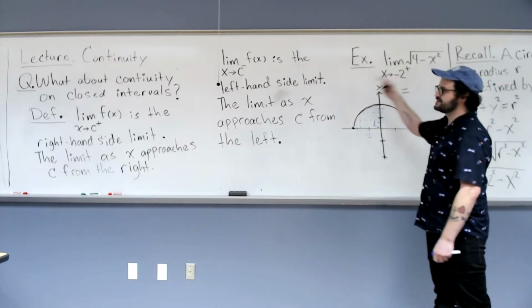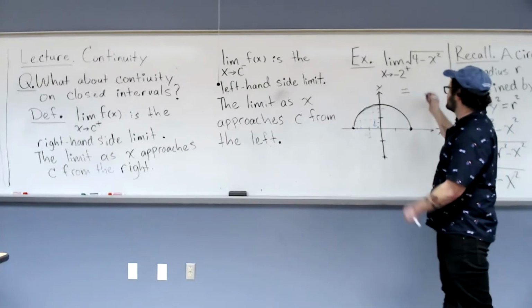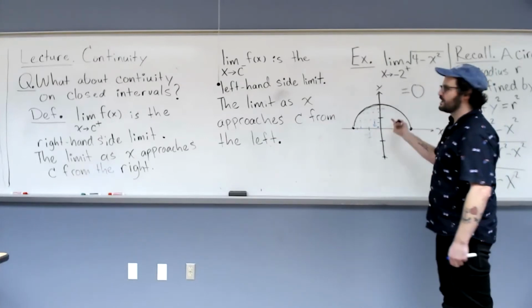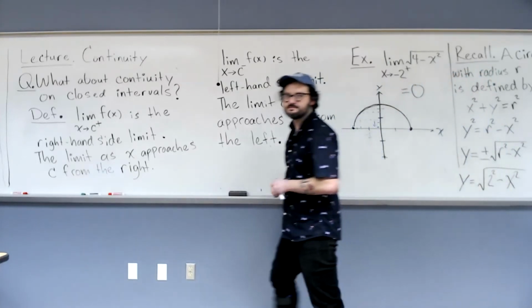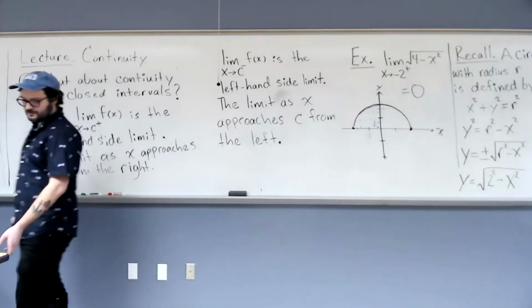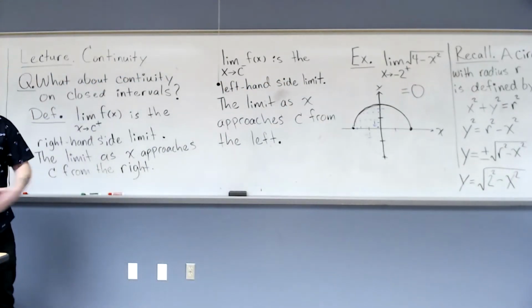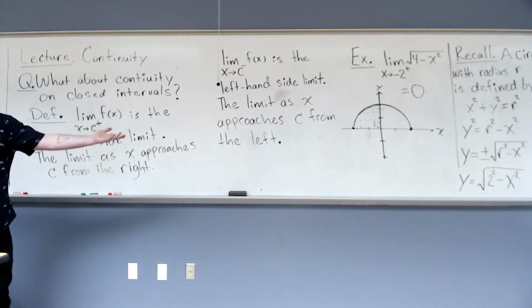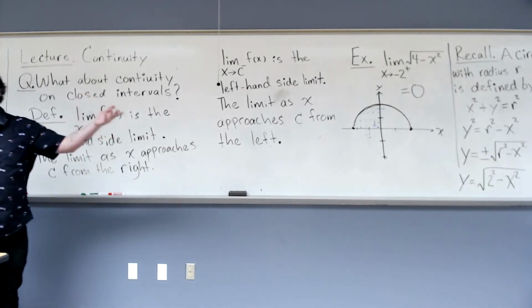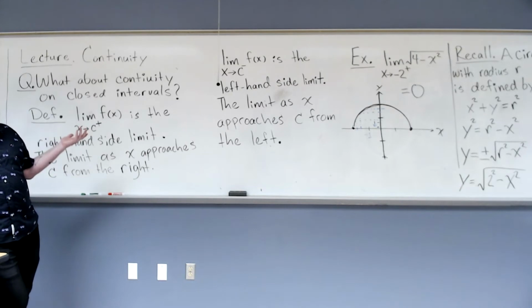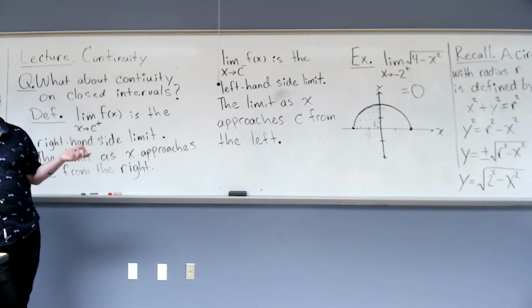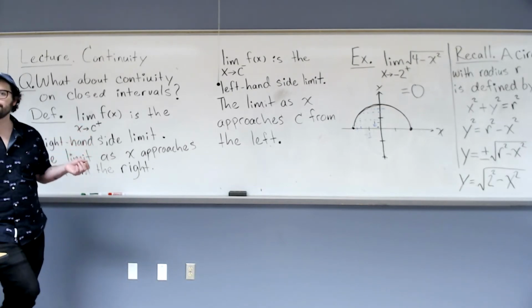Again, I wasn't planning on doing an example right ahead, but this at least illustrates the process and reminds you about the equations of circles. Okay, now you can imagine the left-hand side limit as x approaches +2 would also be 0, right?